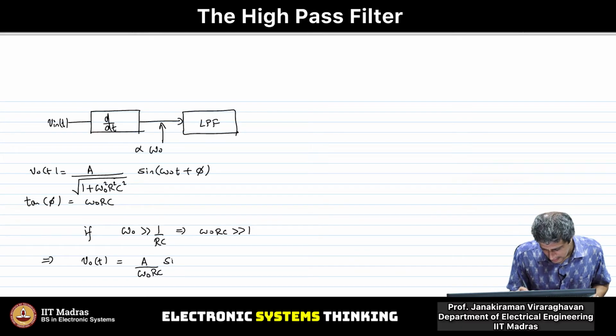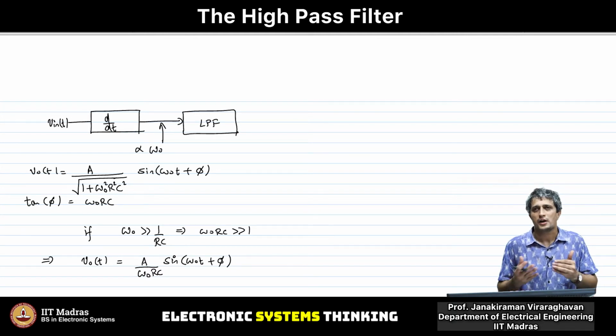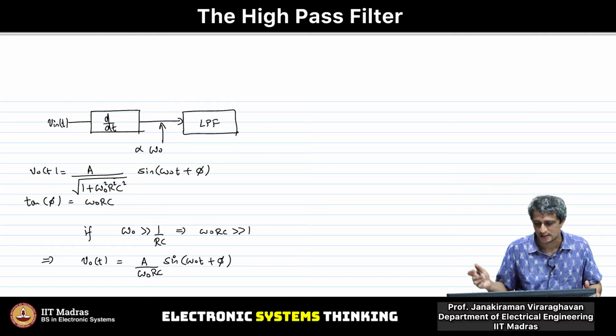And then there is this sine of omega naught t plus phi, right? But effectively, what is the low pass filter trying to do for a very high frequency? It is trying to just divide by omega naught RC.